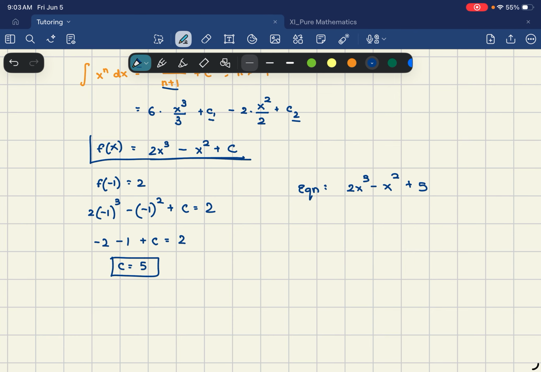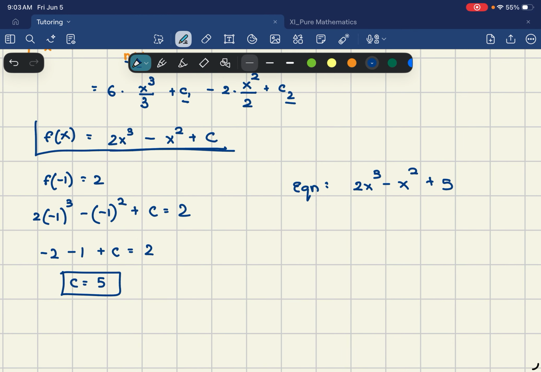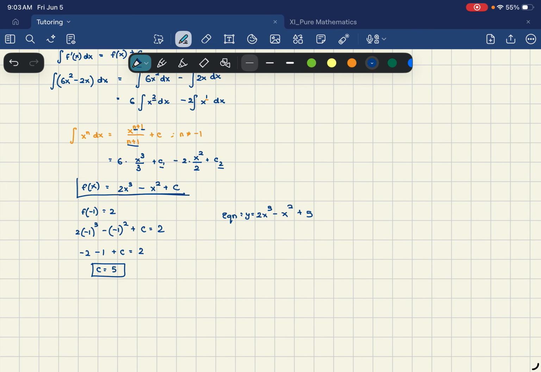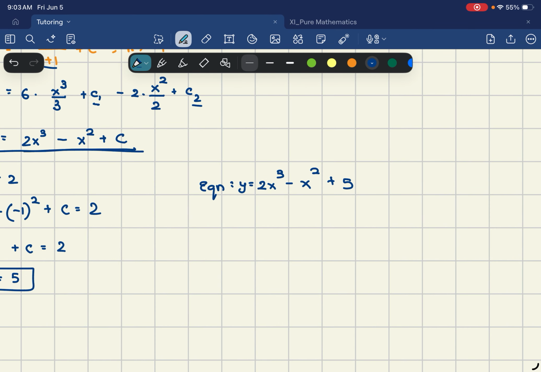You can write it as f of x is equal to that, or you can write y is equal to, however way you prefer it. Because it says equation, usually they would prefer you to write it this way. If they ask you to find the function, it's going to be f of x is equal to 2x cubed minus x squared plus 5.